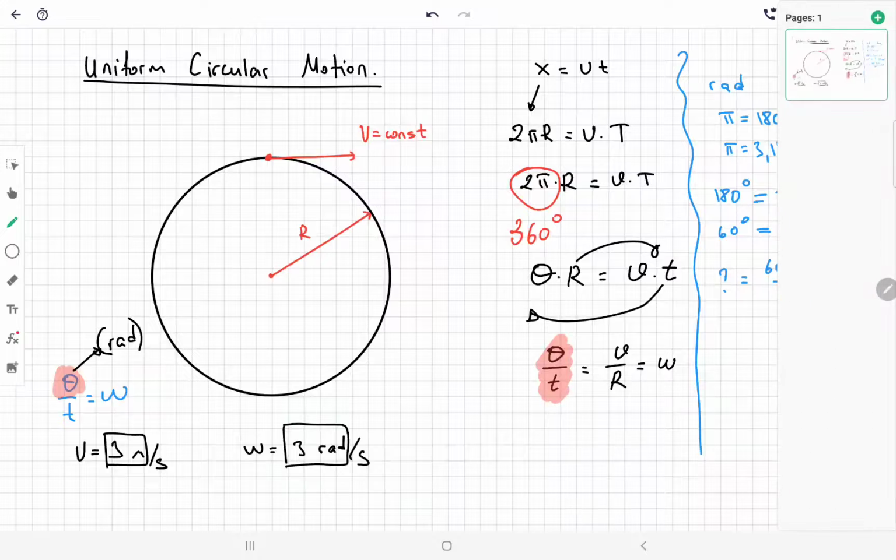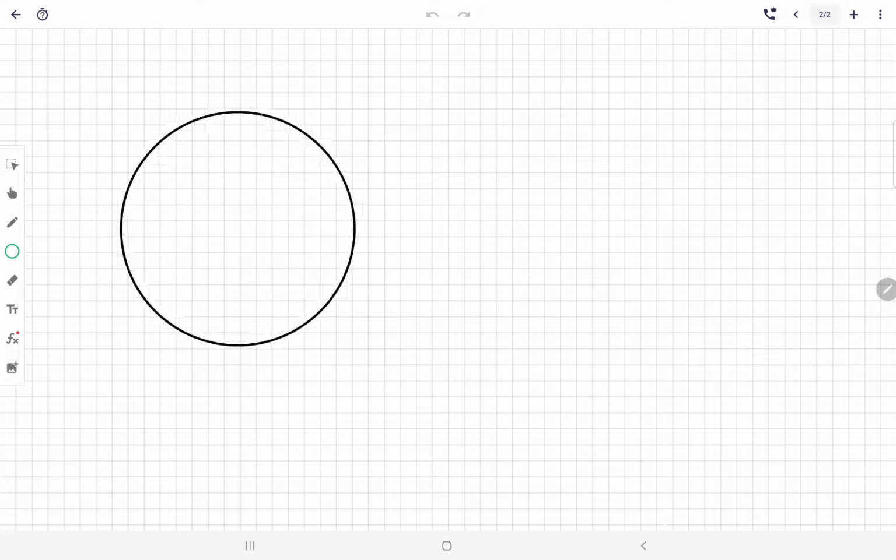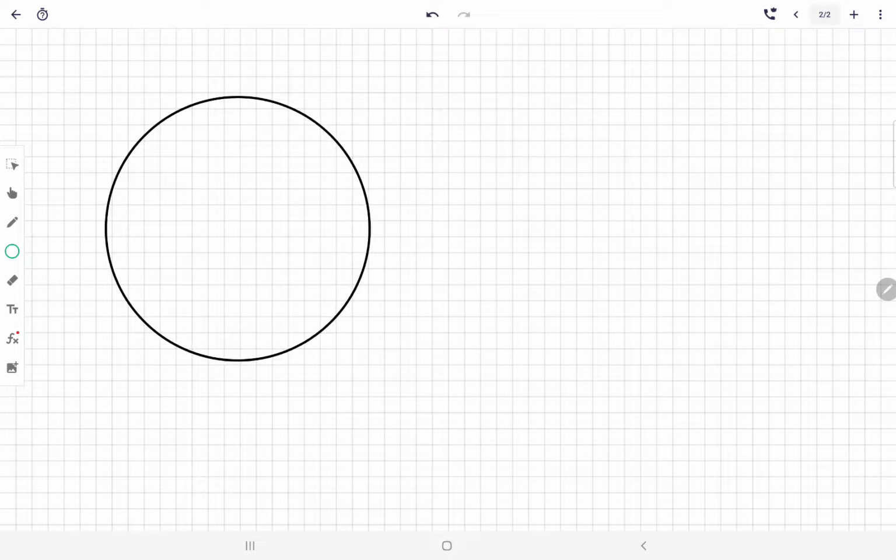Now, let's continue our lesson. We said that here we have a constant speed. Velocity is not constant because it's rotating, because the direction of the velocity is changing. Now, let's come to the acceleration. We know that acceleration equals 0 if we have a constant velocity.